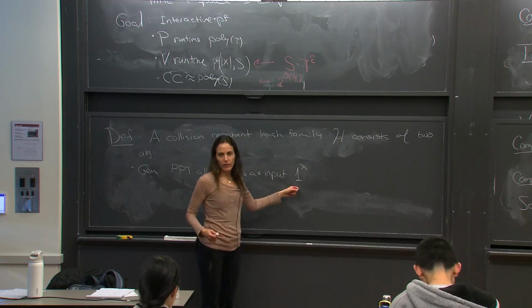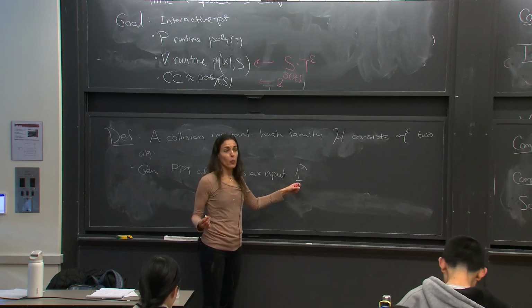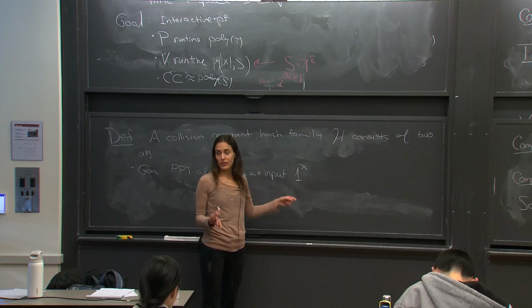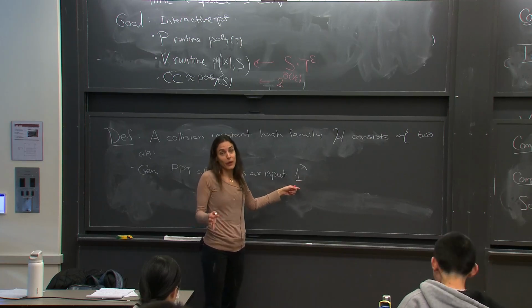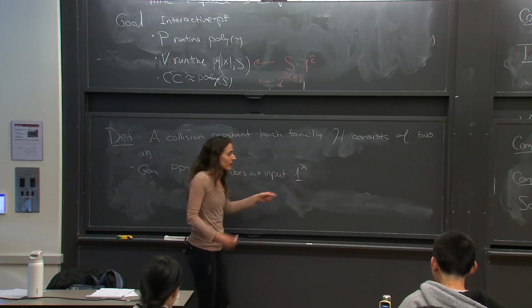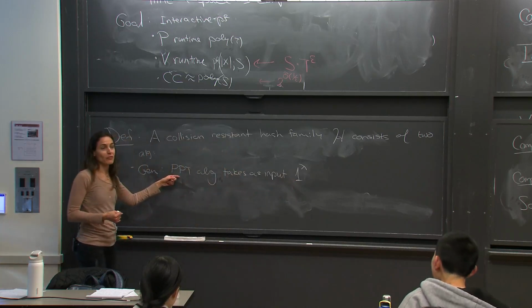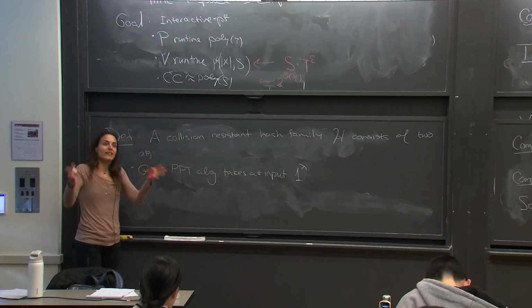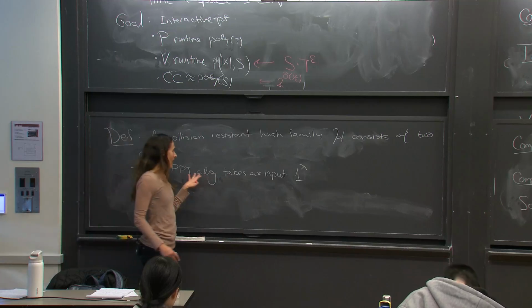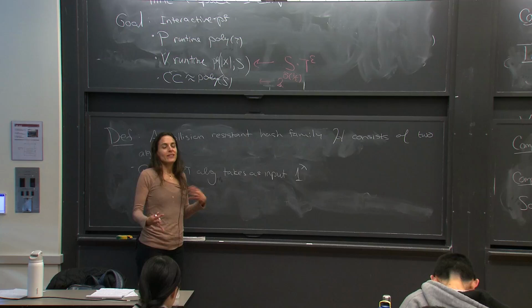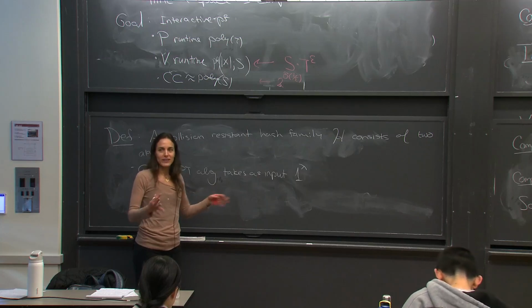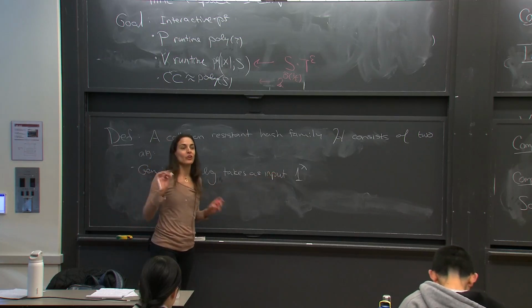In crypto, we have this hack that we assume our algorithms take as input 1 to the security parameter instead of the security parameter. The only reason we write it this way is because we want our algorithms to be efficient, poly time, meaning poly in the input. All our algorithms run in time poly in the security parameter, so we always write the security parameter in unary.